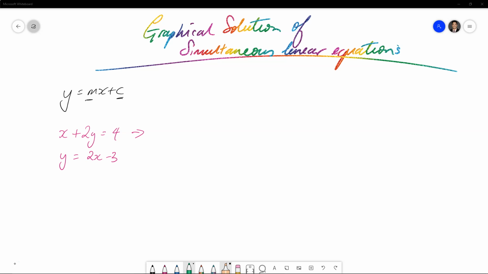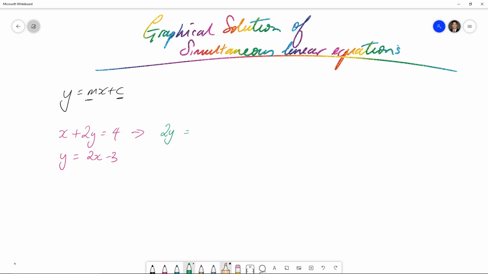We're going to move the x across to this side. So we've got 2y is equal to minus x plus 4, but this 2 needs to disappear. So we're going to halve both sides. So we'll end up having y equals minus x over 2 plus 2 as our equation.